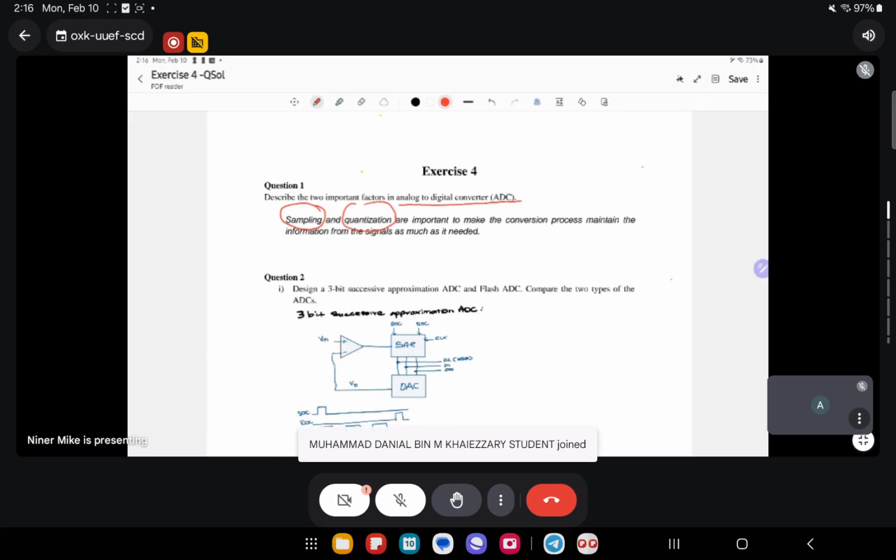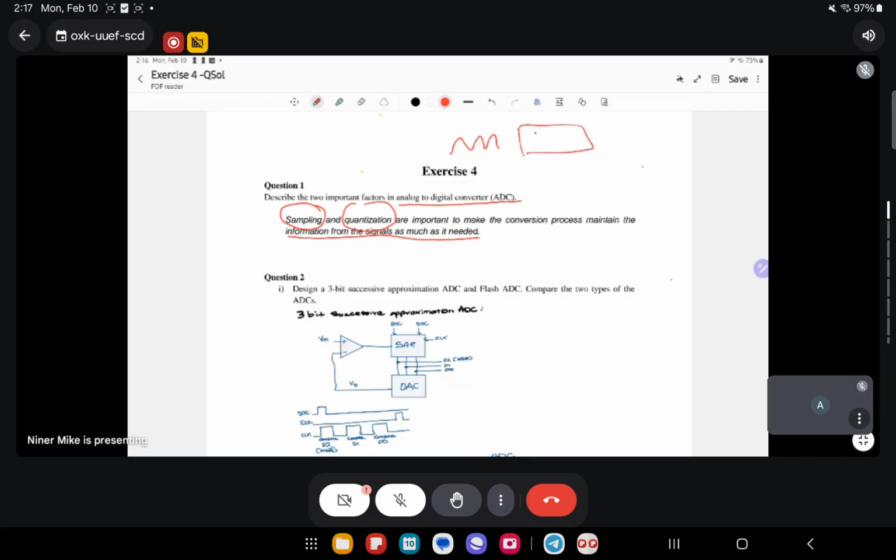So this is important because we want the conversion process to maintain the information from the signal as much as we can. For example, the input signal is like this, when we do the ADC, we should get like this also, not like that.